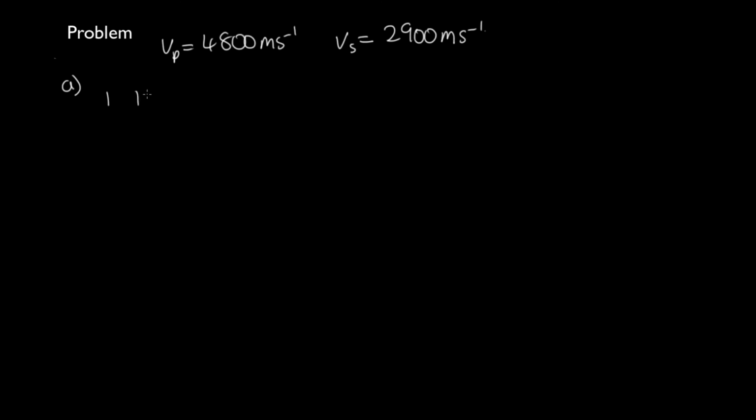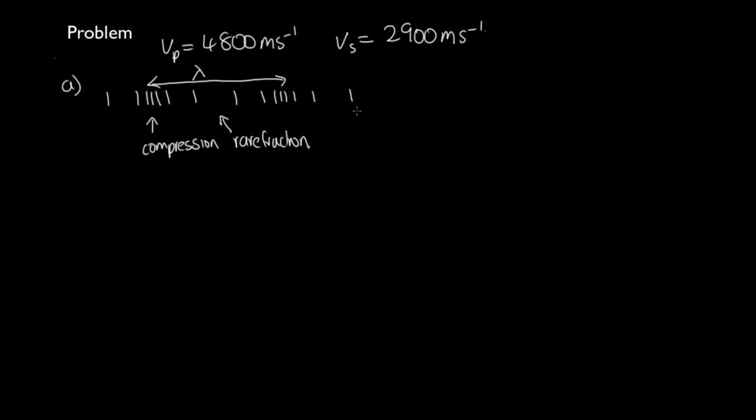So we get compressions and what's called rarefactions. And the distance between two compressions is the wavelength of the wave.